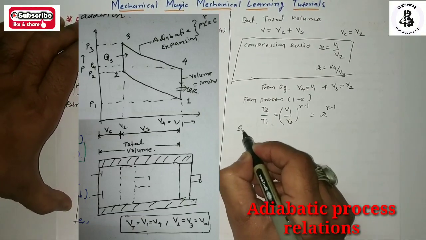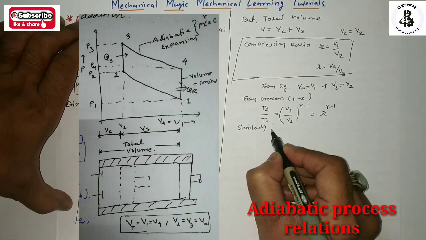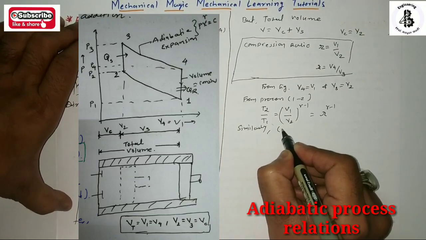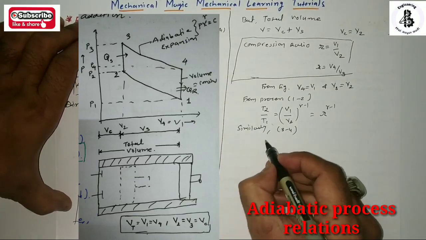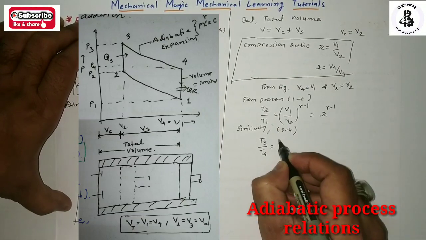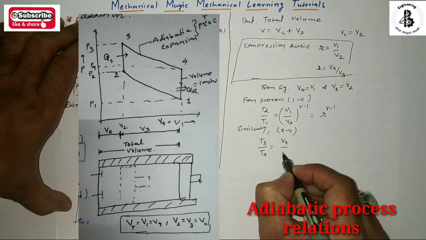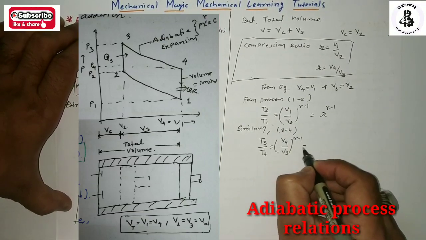Similarly for process 3 to 4, T3 upon T4 is equal to (V4 upon V3) raised to gamma minus 1.